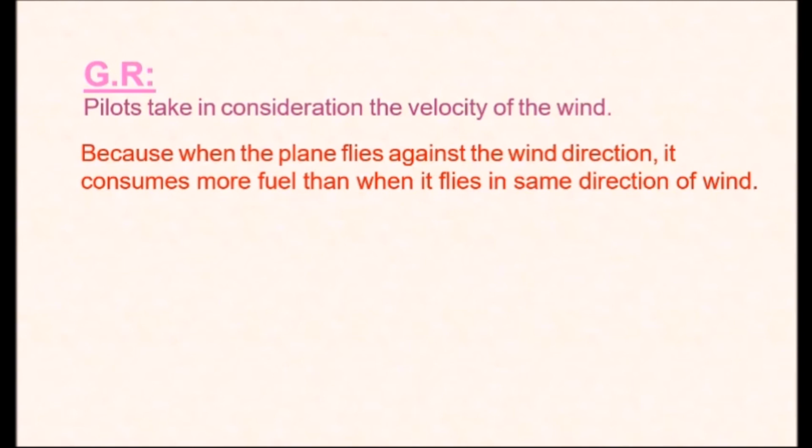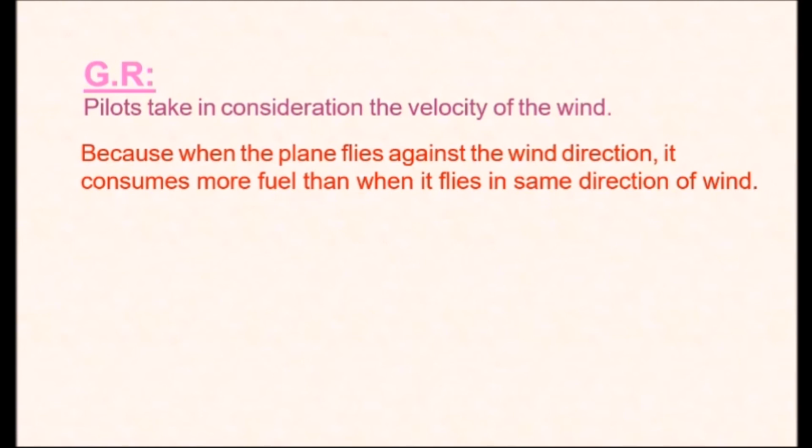When the wind is in the same direction, the wind pushes the plane and helps it to move. So it uses less fuel and takes less time to complete the trip. But when the wind is in the opposite direction of the plane, there is something called air resistance.